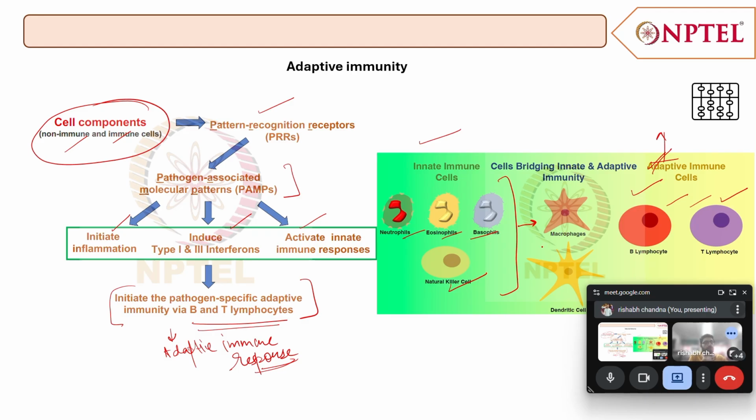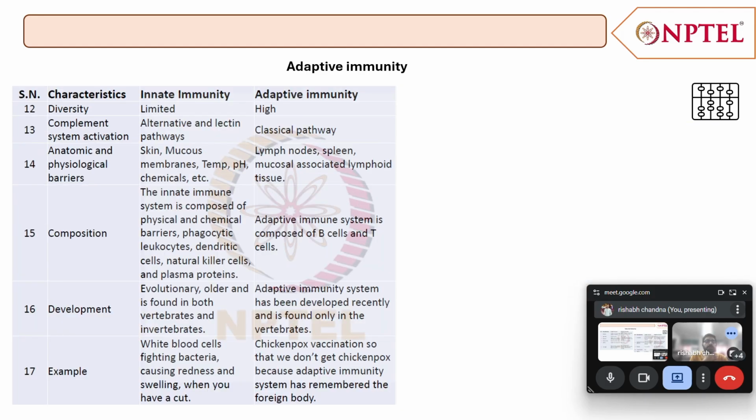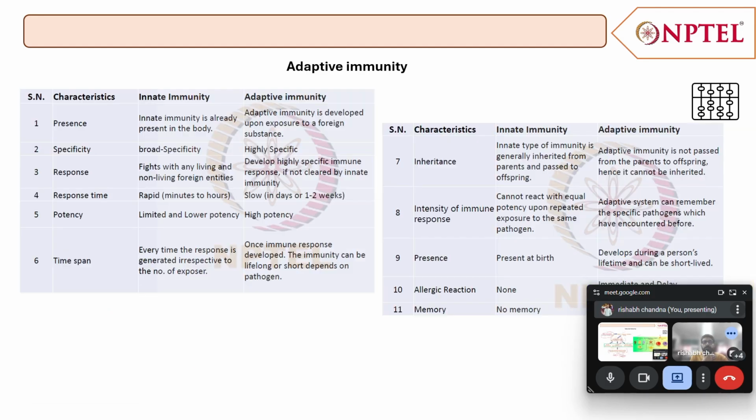Now we'll discuss different properties of the adaptive immune system by comparing it with the innate immune system. Starting with presence: innate immunity is already present in the body, but adaptive immunity is not present at birth. It develops upon exposure to foreign antigens or foreign substances.